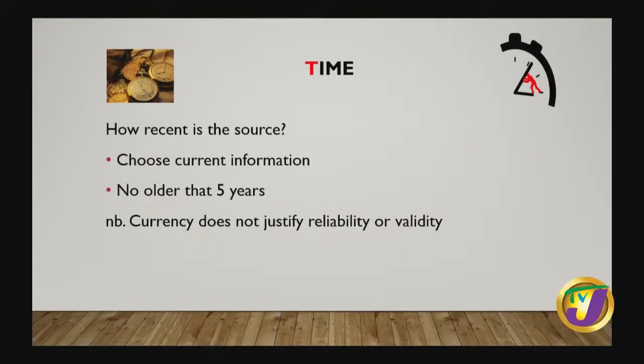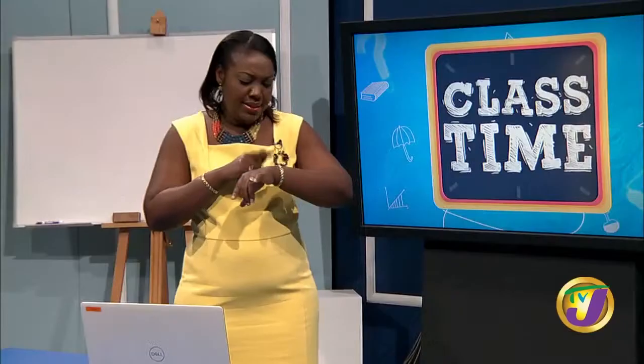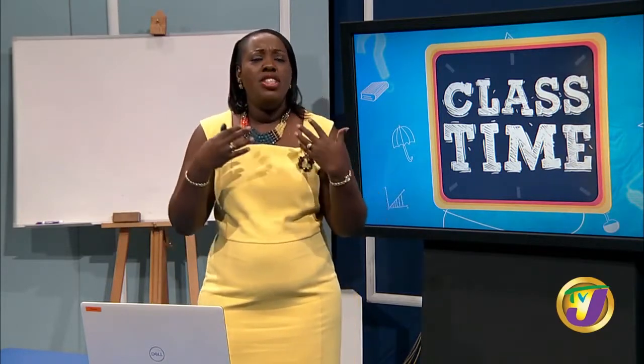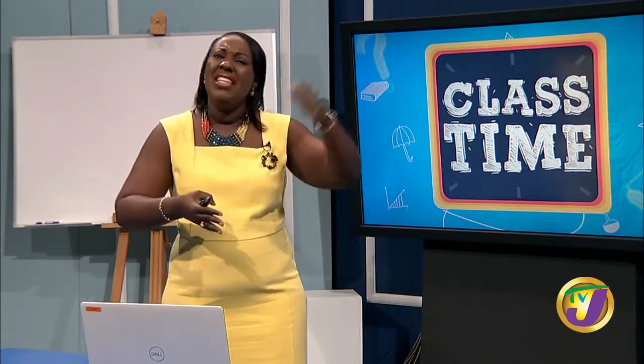So, T, time. What do I mean by time in terms of evaluating? It's not that time on your watch. I'm talking about currency. How recent is your source? Remember, for your IA, you're required to come up with topics that are trending, things that are happening now. We don't want any historical research, right?